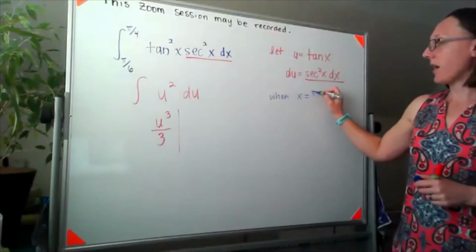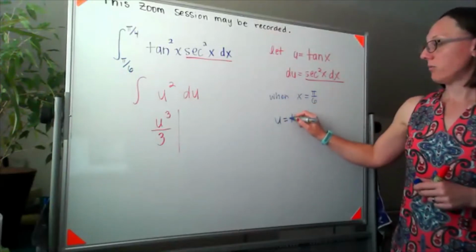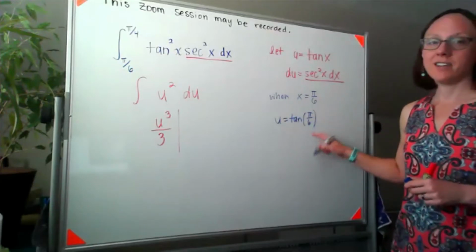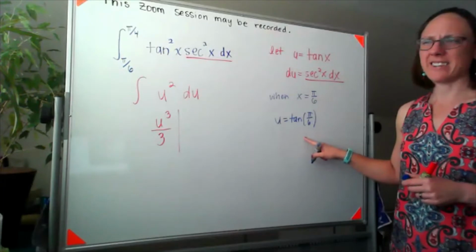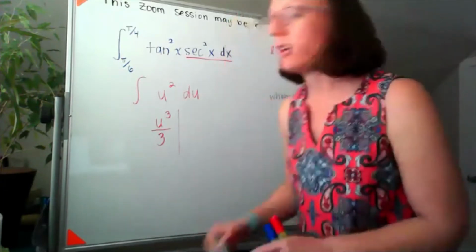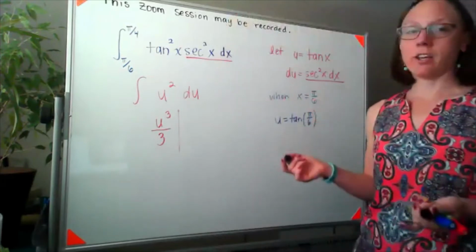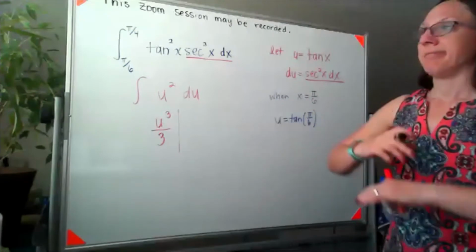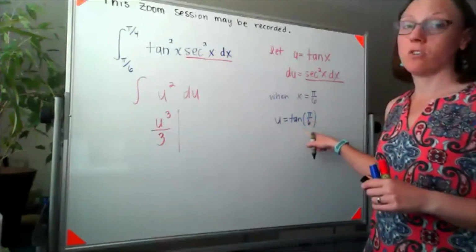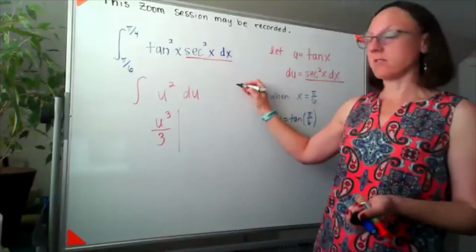When x is pi over 6, u would be equal to tangent of pi over 6. So now I have to remember, what is tangent of pi over 6 again? If you are a unit circle person, great. If you're not a unit circle person, there are lots of other ways to memorize our special angles for trig functions. I happen to use special triangles.